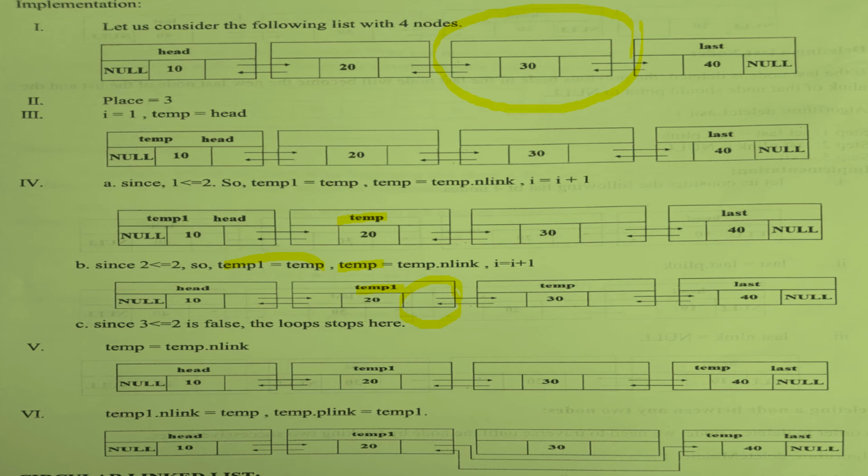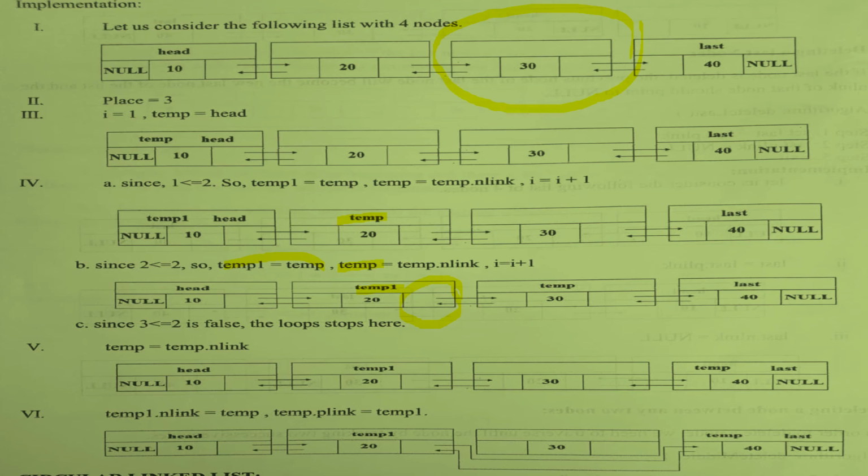This is temp1, this is temp, right? Now temp equal to temp.nlink. Sorry, here the temp is the node we want to delete. So now I want to change the position of the temp. So temp equal to temp.nlink.